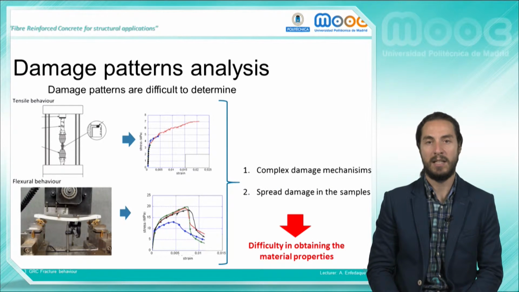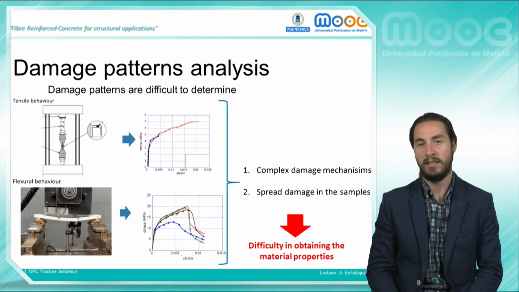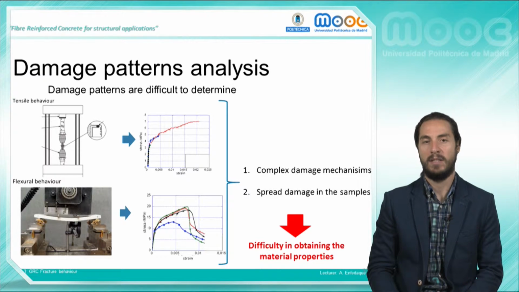However, the tensile and the flexural behavior tests alike have certain drawbacks that should not be overlooked. First of all, the damage mechanisms involved are complex and therefore are not easily analyzed. And finally, the damage that appears in the material in the test is distributed in large regions of the samples.